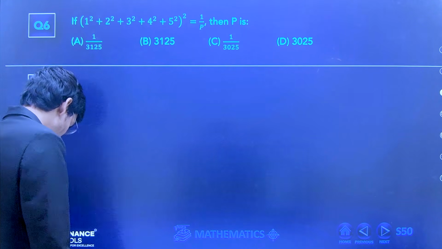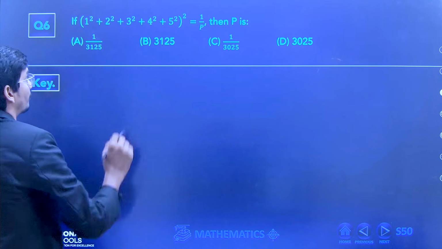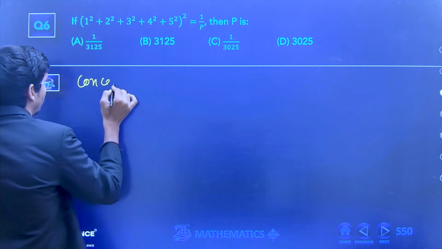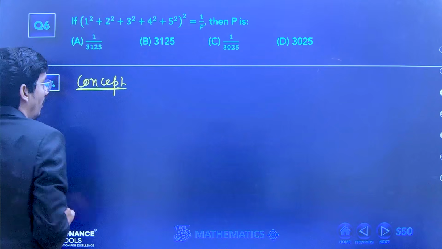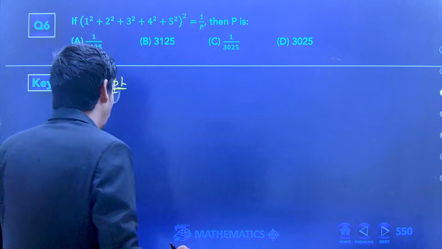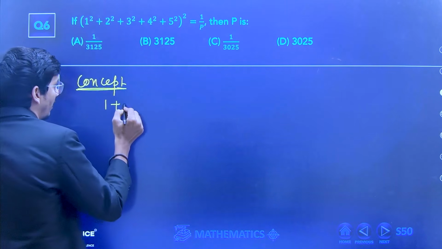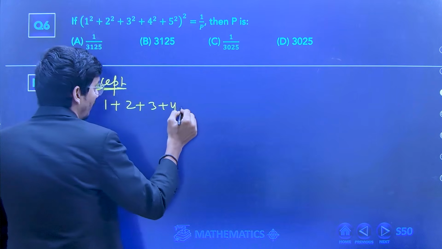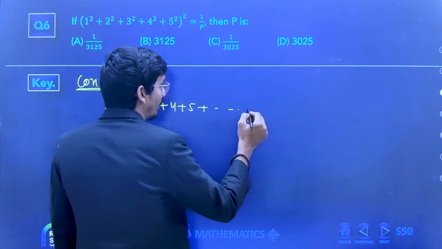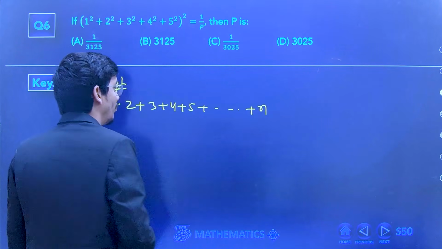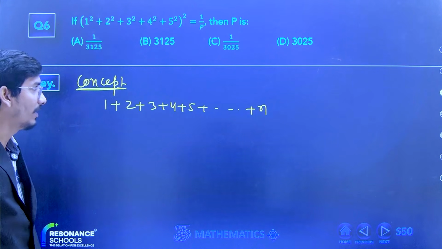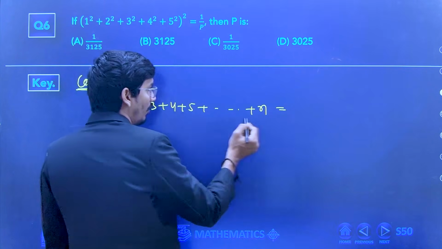Listen, beta, I'm just explaining some concept now. When we see the natural numbers in a list, like 1 plus 2 plus 3 plus 4 plus 5 plus dot dot up to n, what is the sum of all these numbers?